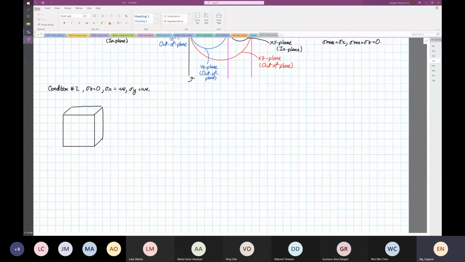Now stress X is in compression, stress Y is in tension, and this is our stress Z, equal to 0. As normal, we call this our point X, this will be our point Y, and over here, this is our point Z.